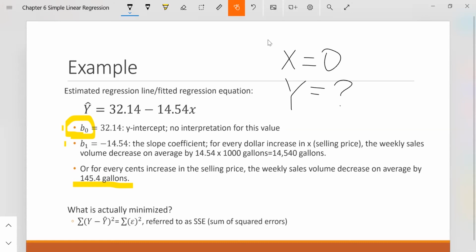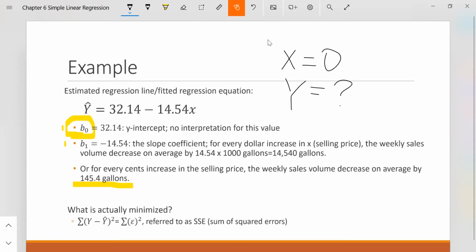But we need to ask, would the selling price of milk be 0? It won't, right? Nobody will sell milk free. So you won't ever get there. And therefore, it can't make sense to interpret this and say, well, if the selling price is 0, you're going to sell 32,000 gallons.